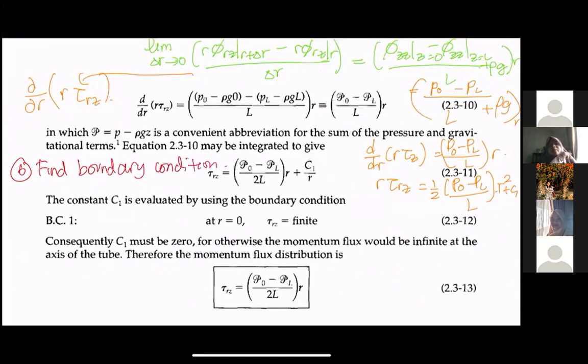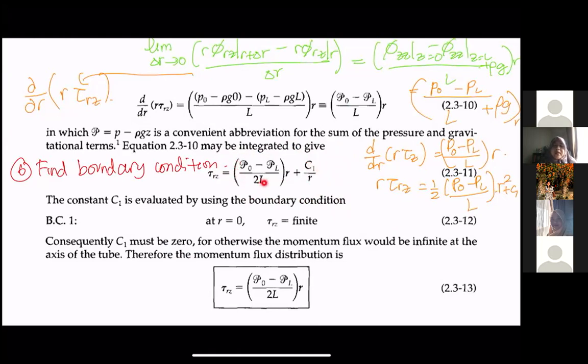Okay, so the next one, we have to find the boundary condition for this equation. We evaluate with the following boundary condition, where R equal to 0, because you remember R is between R equal to 0 to R equal to capital R. So when R equal to 0, this value should be finite, it must exist.